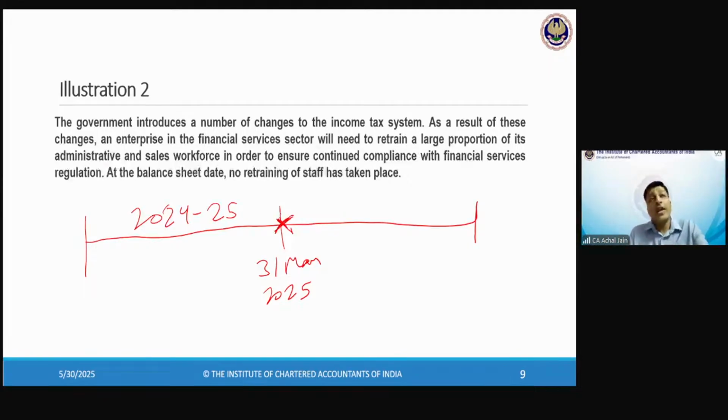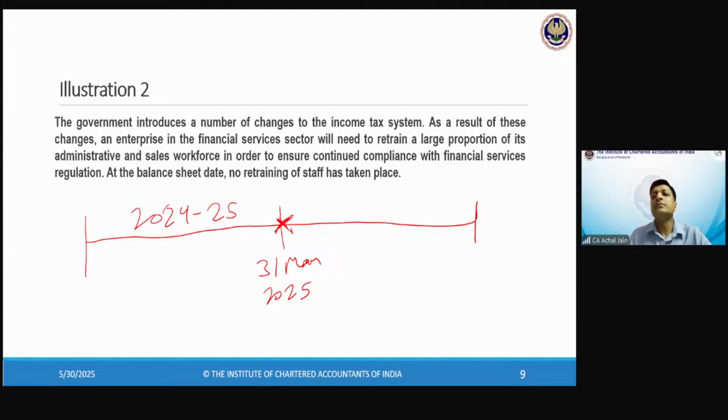Next question is, actual outflow has not happened, but the accrual concept one needs to follow. So going by the accrual concept, staff will have to be trained again. That's a mandatory requirement. If the staff is not trained, it will create problems. But has the company incurred any costs in relation to the training of the staff?